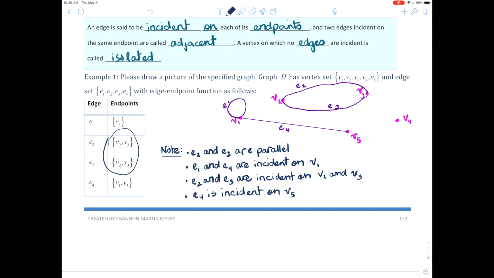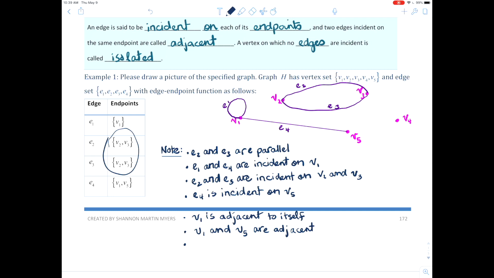And as far as some facts about the vertices, V1 is adjacent to itself. V1 and V5 are adjacent because they have an edge connecting them. And what else?